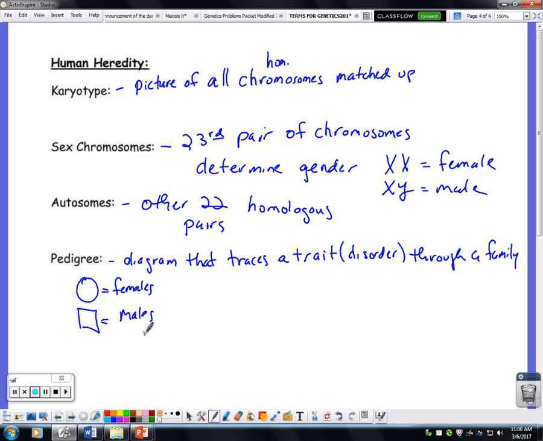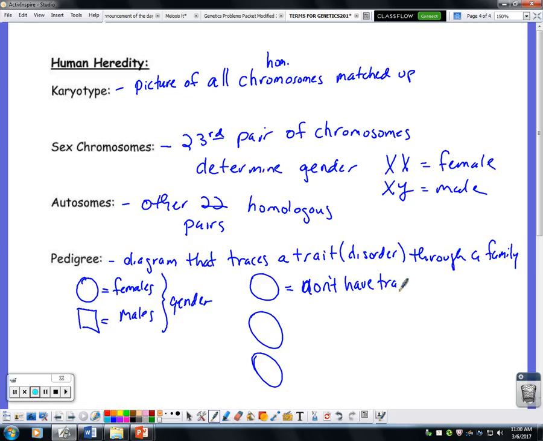Now, as far as the trait and how we represent the trait, so this is the gender representations. Now the trait, I'm just going to use circles, whether they're squares, it doesn't matter. So if it's completely unfilled, like that, they don't have the trait. If it's half shaded in, they carry the allele for the trait.